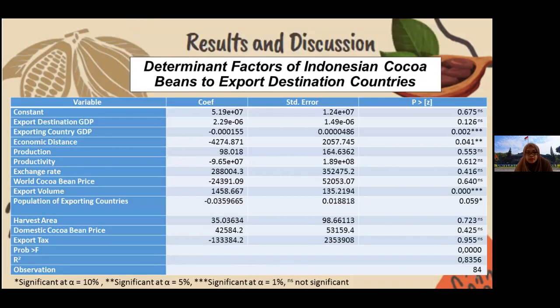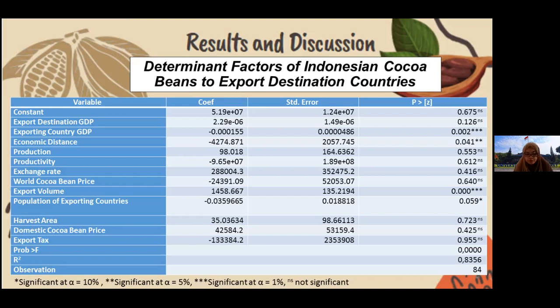We can see in the table above that export destination GDP has a negative and significant effect. This is in accordance with research which states that real GDP has a significant and positive effect on the export value of cocoa beans, and an increase in the real GDP of a country will increase the size of its economy.